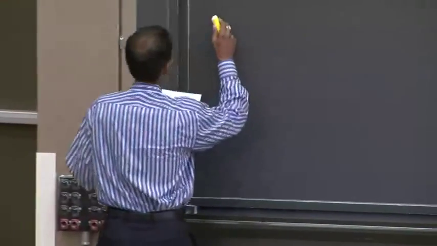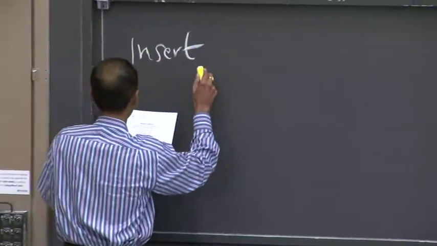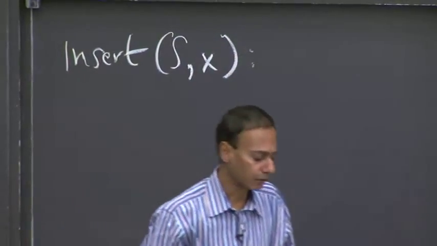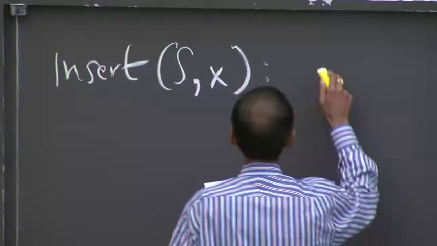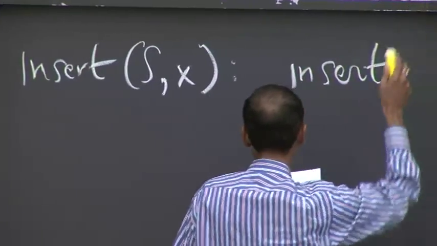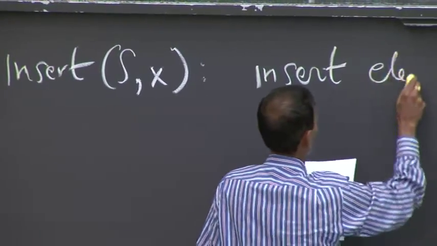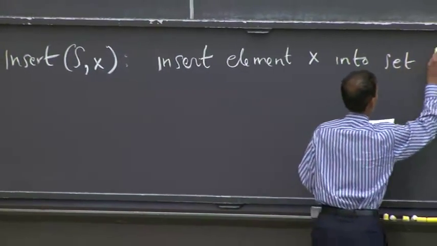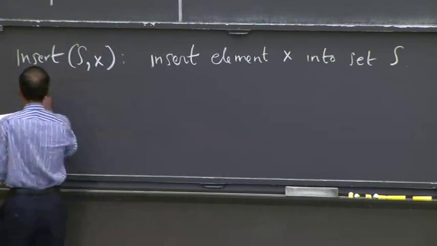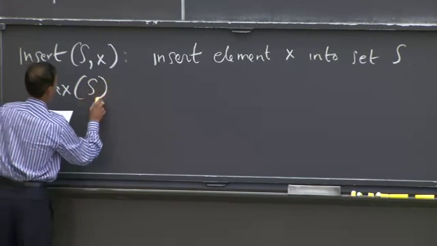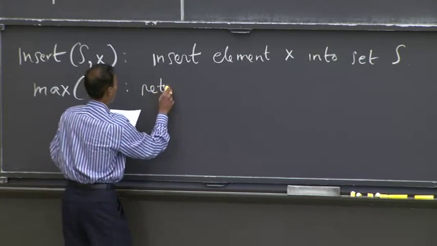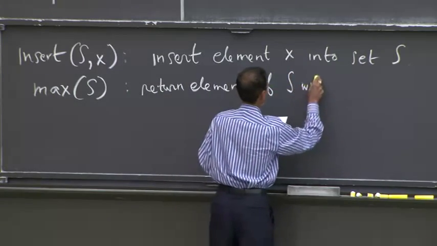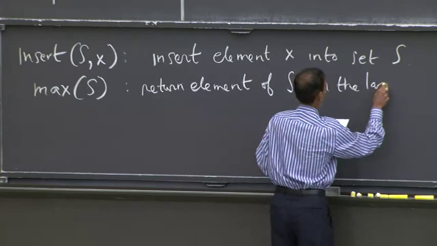And so what is the set of operations that we'd like to perform on a priority queue? So we can use that to motivate the development of a heap. And those are insert S, X. So you have a set of elements S, and you want to be able to insert element X into set S. You want to be able to do max of S, which is return the element of S with the largest key.